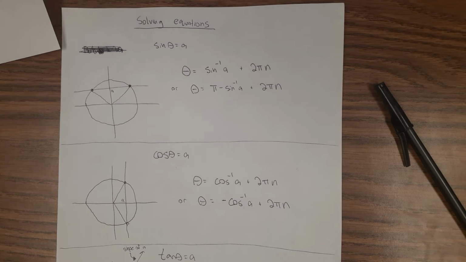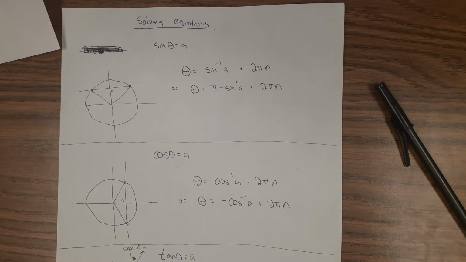Sometimes you only want solutions between 0 and 2 pi, or sometimes you only care about solutions between something and something else. We can talk about that too, but the most important thing is to be able to find all solutions ever. If you can find all solutions, then you can definitely find all the ones between 0 and 2 pi, or whatever range you're really looking for.